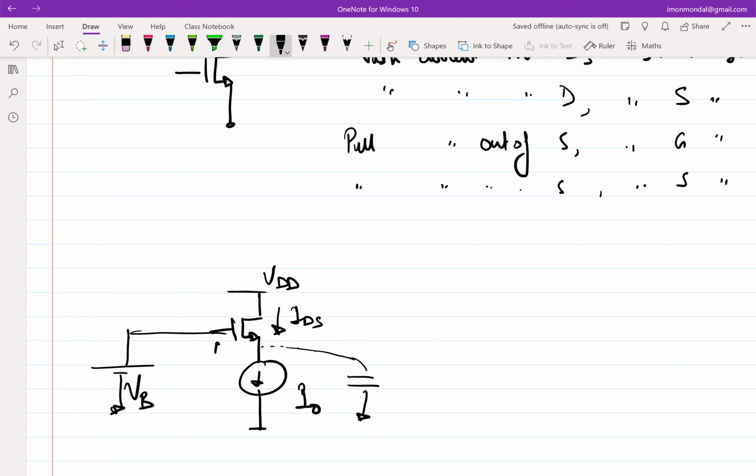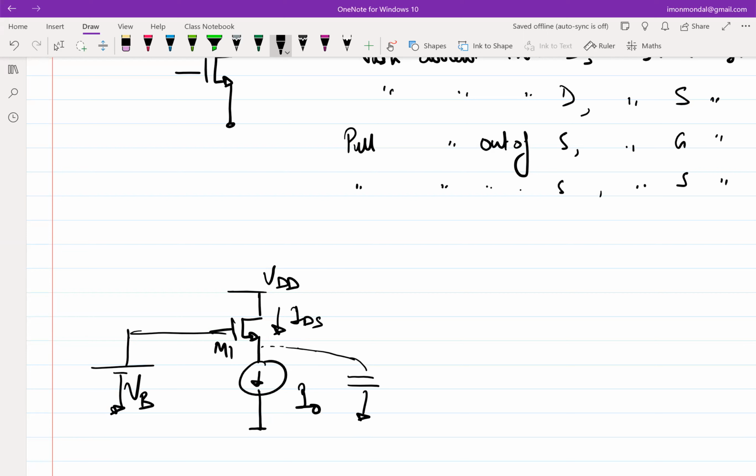The whole purpose is to ensure that the transistor is biased in saturation. We will be able to come up with a methodology so that the transistor is biased in saturation under this configuration, right? So that's the goal.